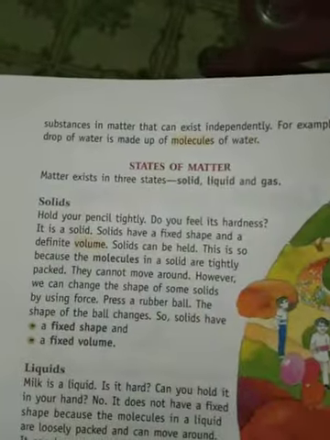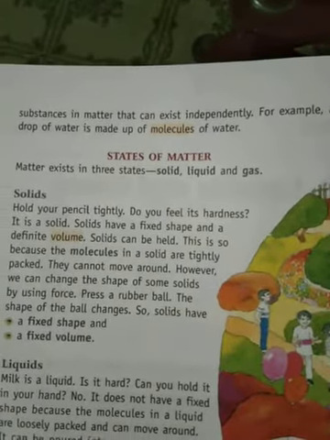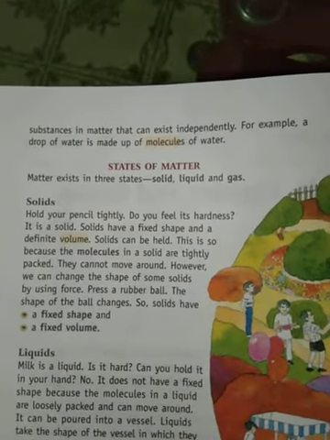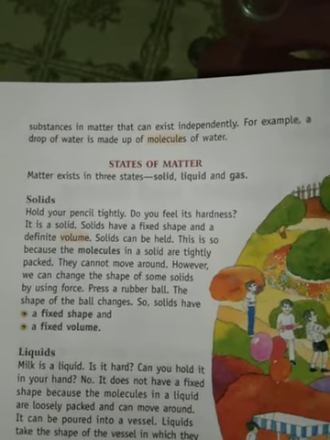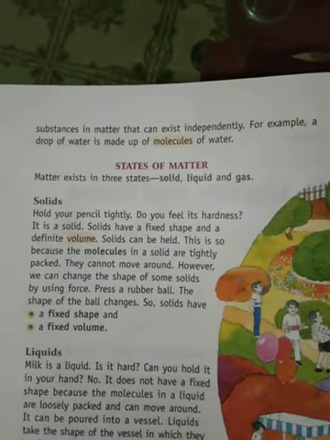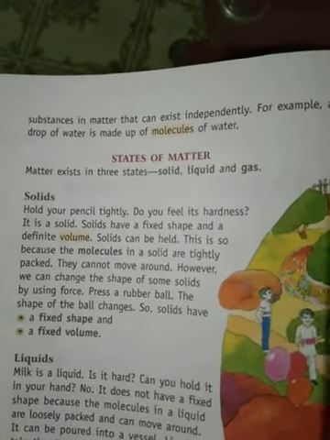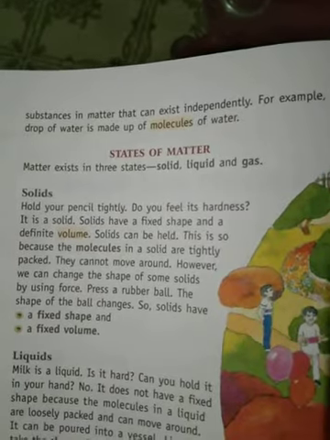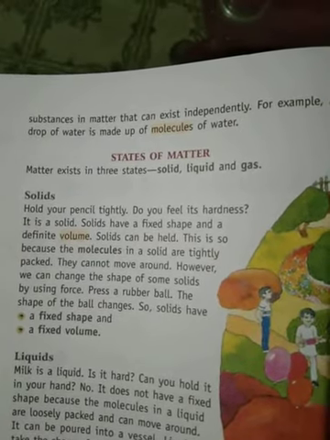Molecules are the smallest substances in matter that can exist independently. And a very important example is what? A drop of water is made up of molecules of water. So several molecules of water make a drop of water. A single drop of water is itself a very small object, right? See how small it is.